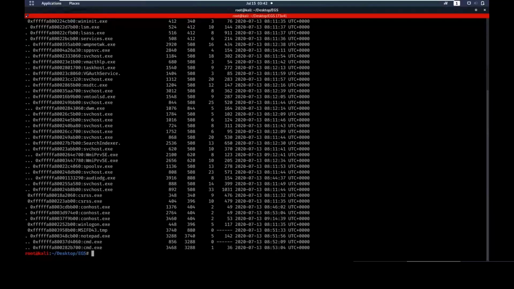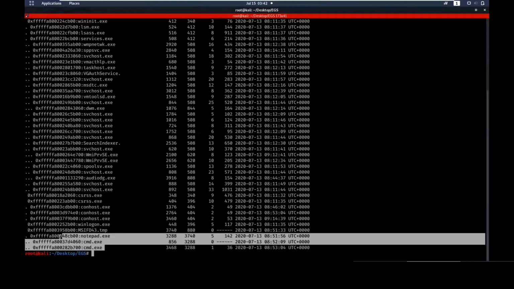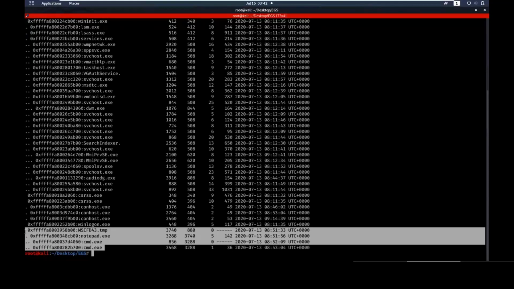I have the MSIFD temp, which is a parent of notepad, which is totally awkward. And notepad is a parent of two CMDs. So definitely I can consider this a suspicious pattern. I don't call it malicious yet, I just call it suspicious.